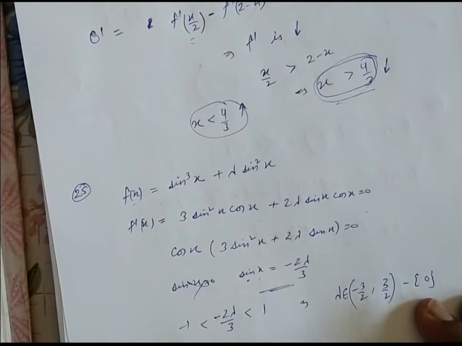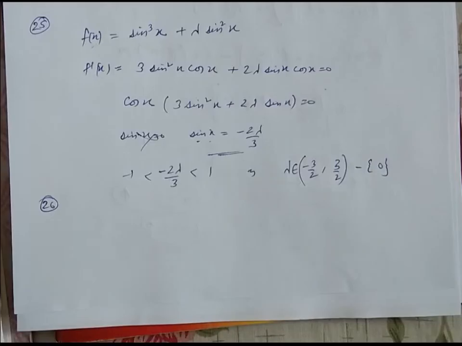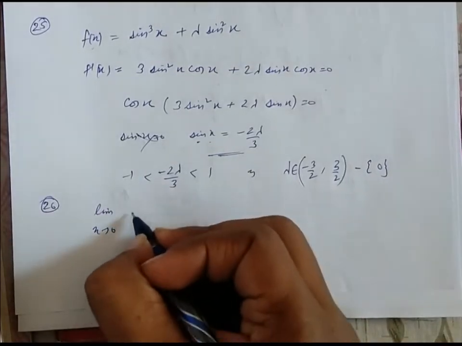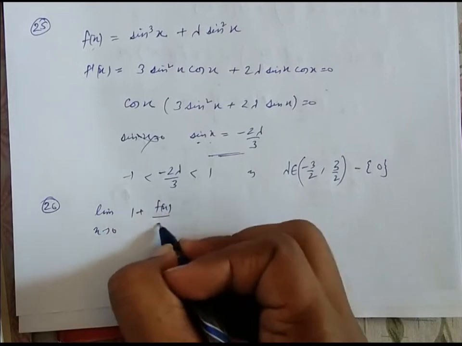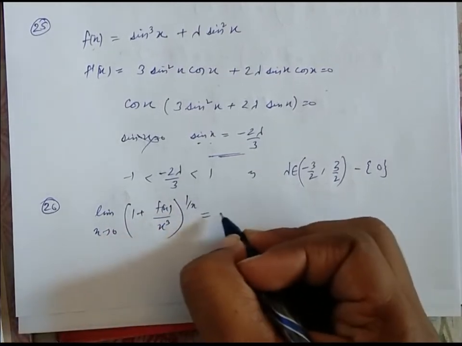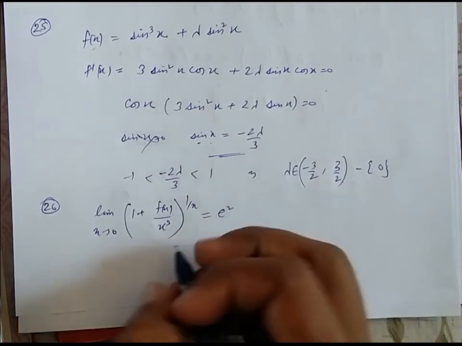moving on to the next question, question number 26. So limit x tends to 0 of (1 plus fx upon x cube) to the power 1 by x is equal to e square.